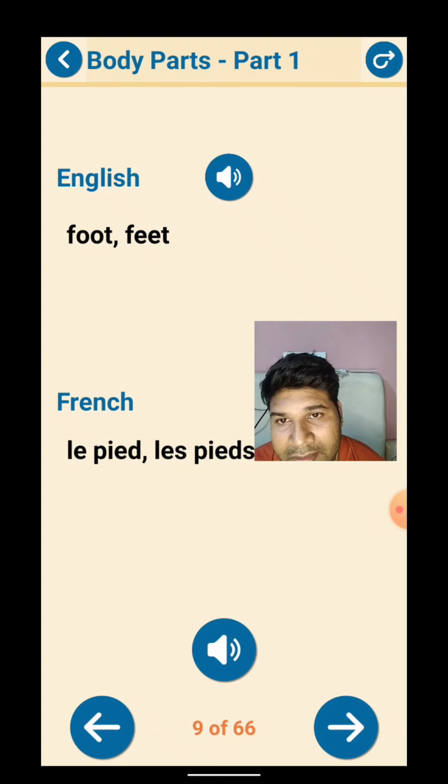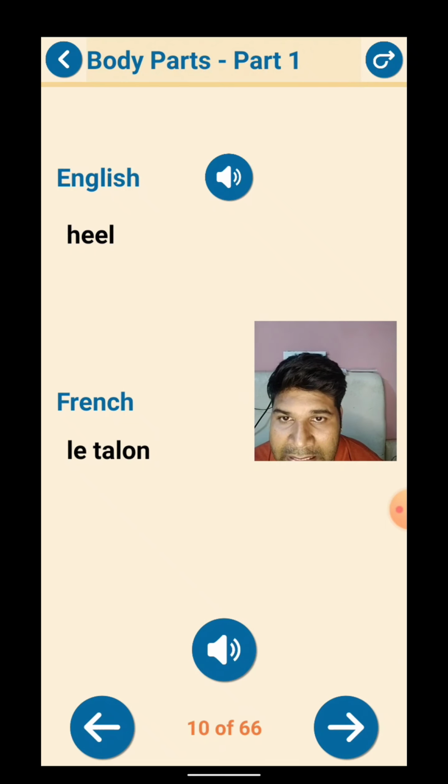Foot in English, le pied, or in case it is feet, then it will be les pieds. So le pied and les pieds. The s at the end is silent in French, so in pied we won't pronounce the last s. Heel in English, le talon.